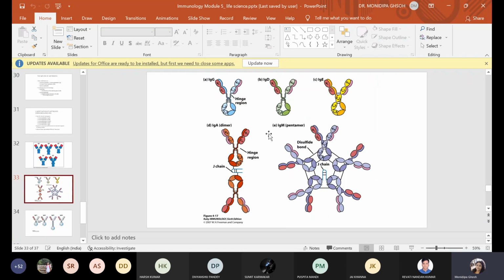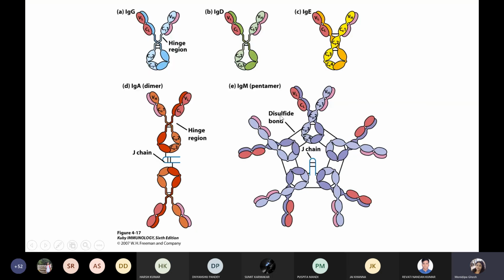They will be looking like this, their molecular organization. IgG, IgD, IgE are all monomers, but immunoglobulin A is a dimer. In their Fc region, the two monomeric immunoglobulin A units are joined with a joining chain, the J chain.